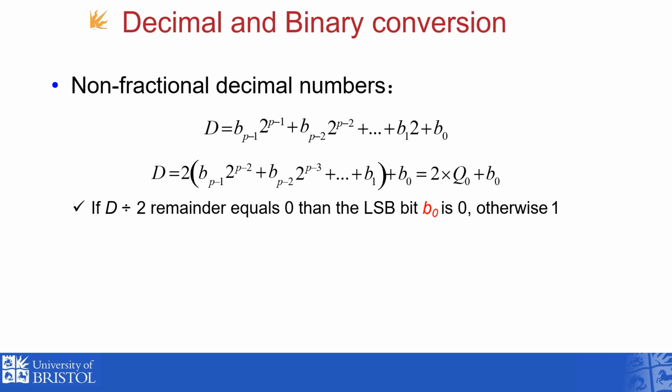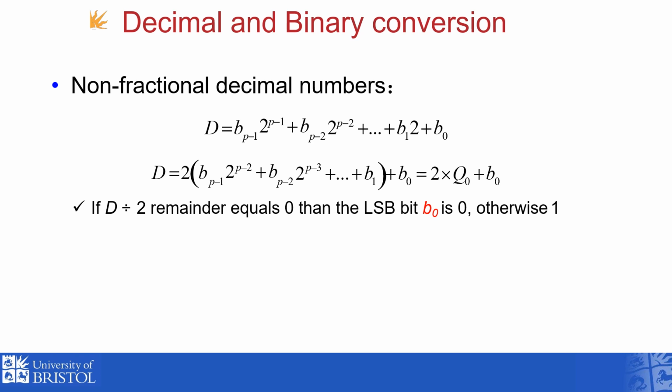Now, this is easy to understand. What we need to understand is why we do it this way. Before we do that, let's call whatever we have in this parenthesis q0. So the decimal number is nothing more than 2 times q0 plus b0, where b0 is the least significant bit. The algorithmic process starts by dividing d by 2 and keeping the remainder.